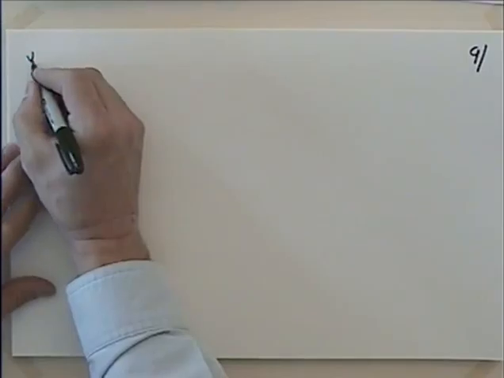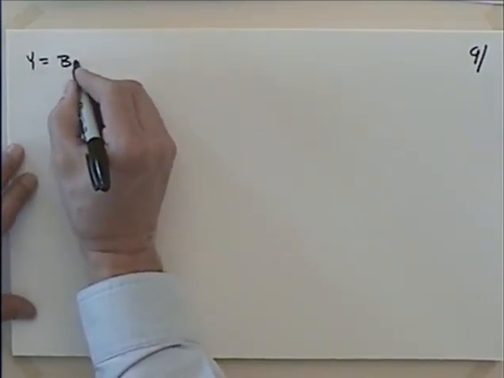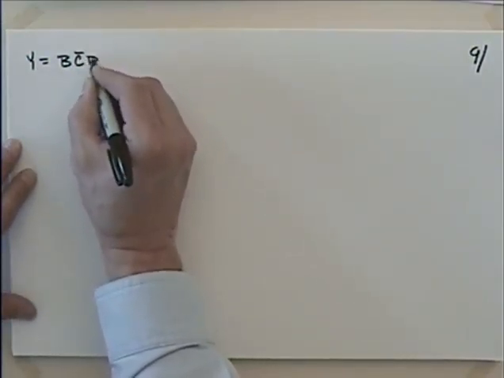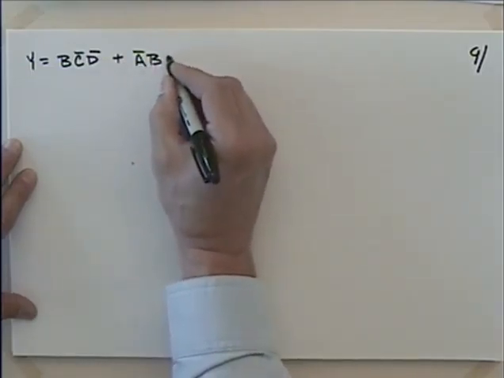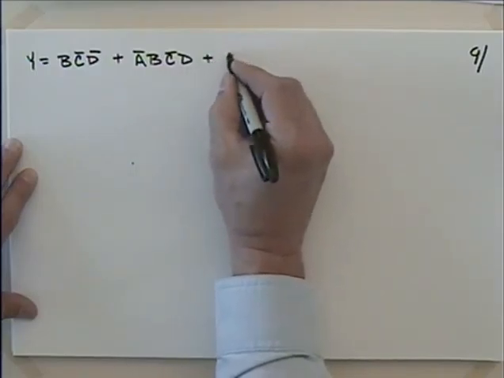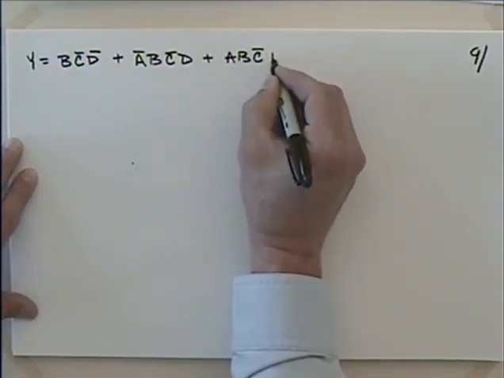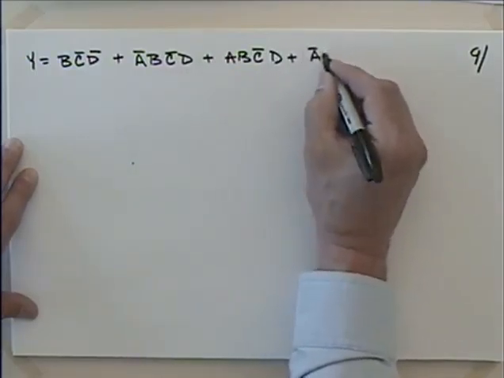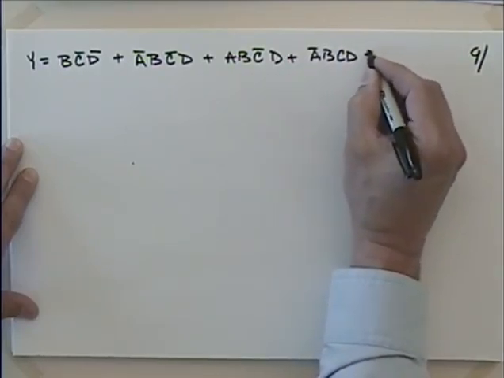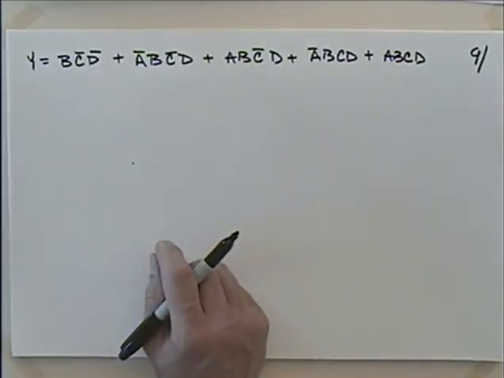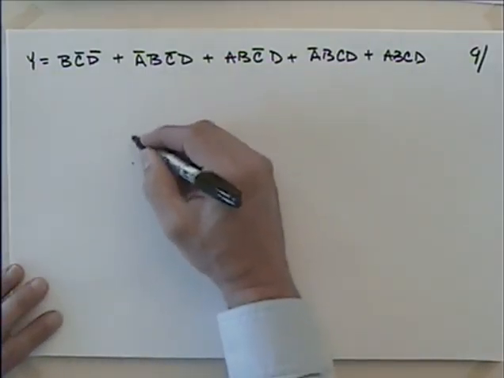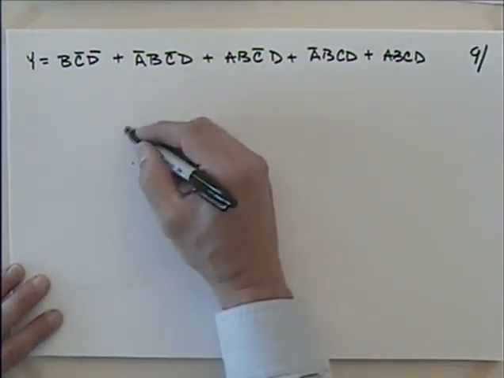So we'll have B, not C, not D, or not A, B, not C, D, or A, B, not C, D, or not A, B, C, D, or A, B, C, D. Okay, so we'll come up with our Carnot map.